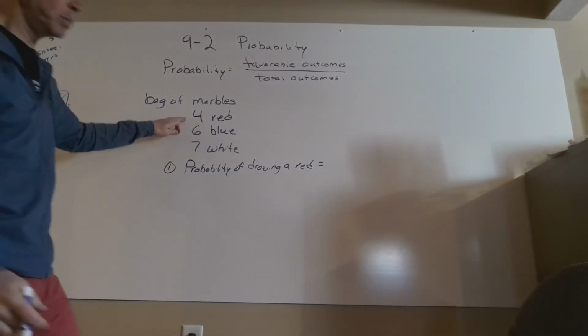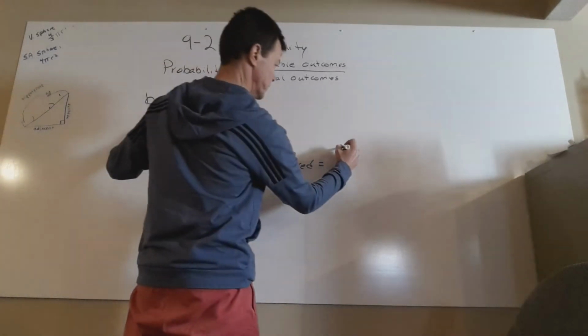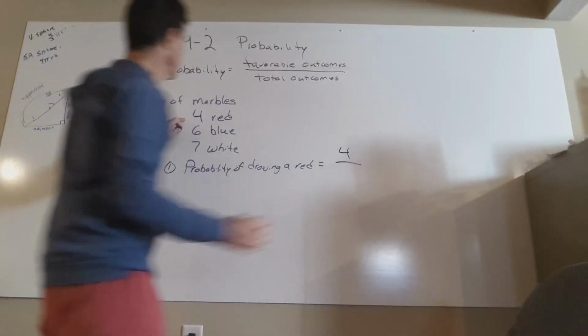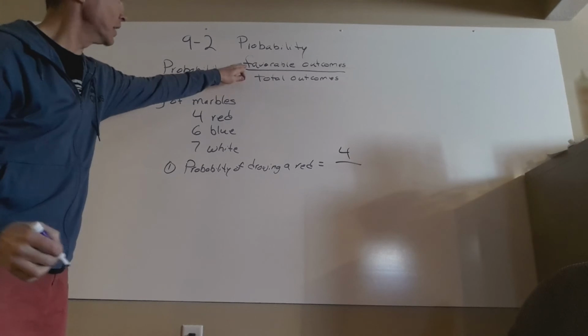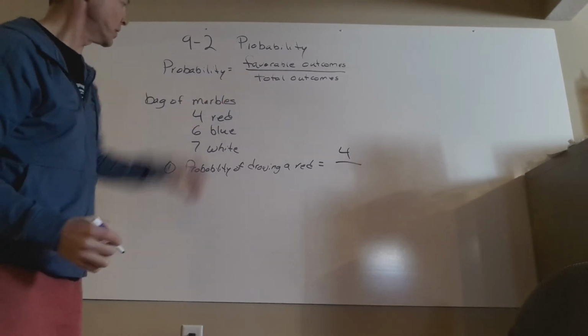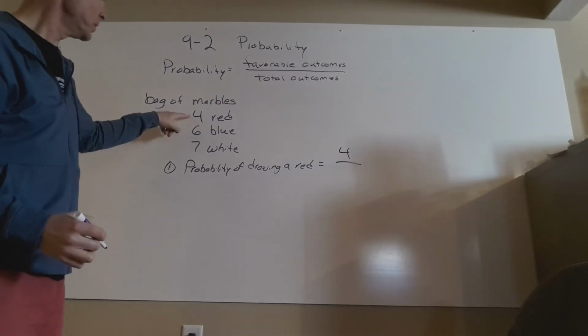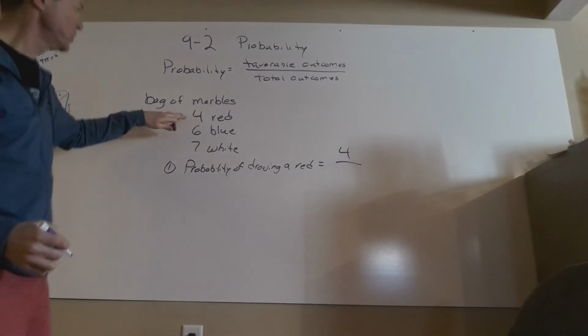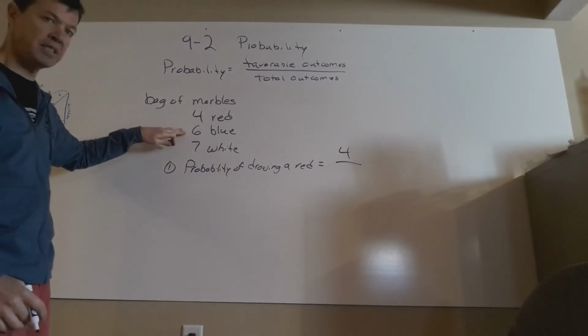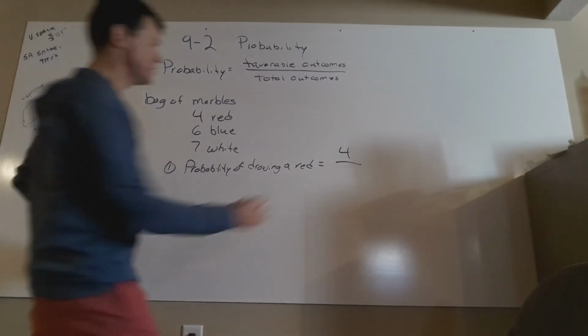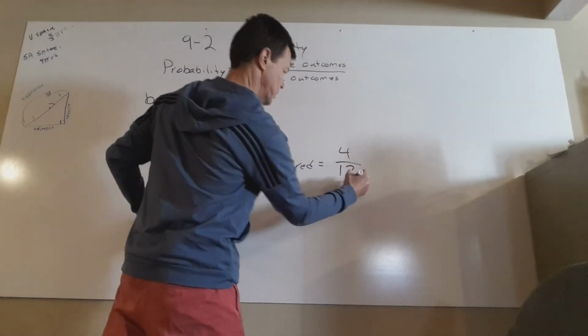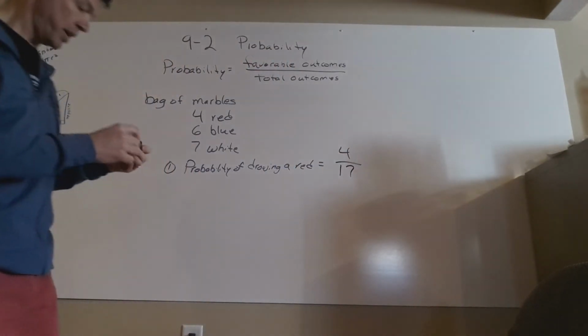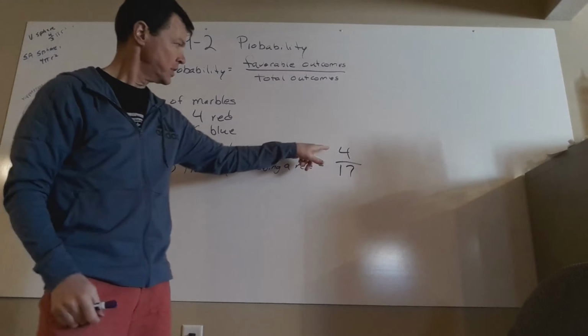Your favorable outcomes would be 4 because there's 4 red marbles. Again, we're just using this simple formula, favorable over total. There's 4 red marbles, and then the total number of marbles, just 4 plus 6, you got 10, plus 7 more, 17. So your probability of drawing a red marble is 4 out of 17.